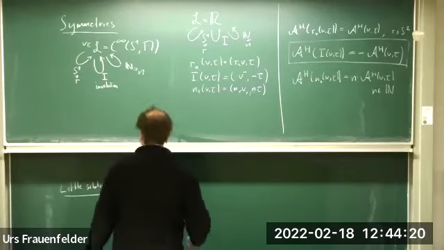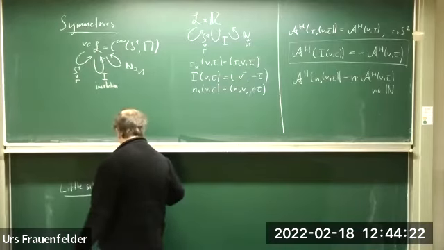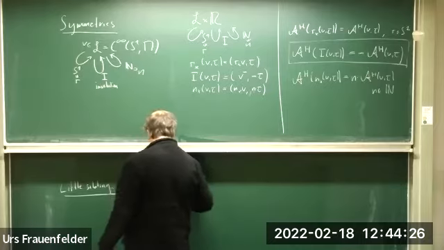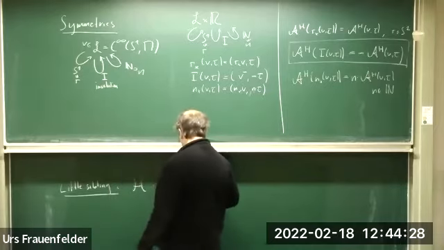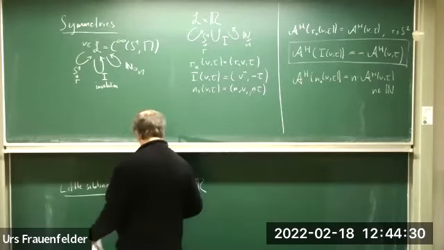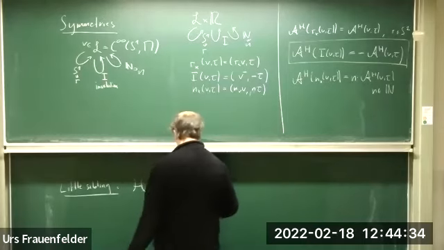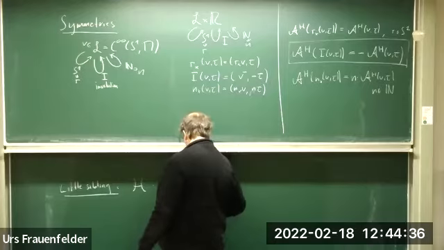So let me abbreviate by a calligraphic H, from the loop space to R, the map which takes the mean value.